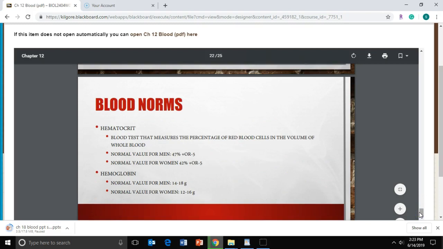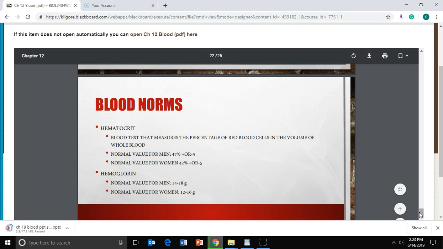The other thing you want to look at are normal values for blood. One of the tests that can be done is a hematocrit, which measures the percentage of red blood cells in whole blood. At the very beginning, I showed you a tube that was spun down, and you saw red blood cells on the bottom.